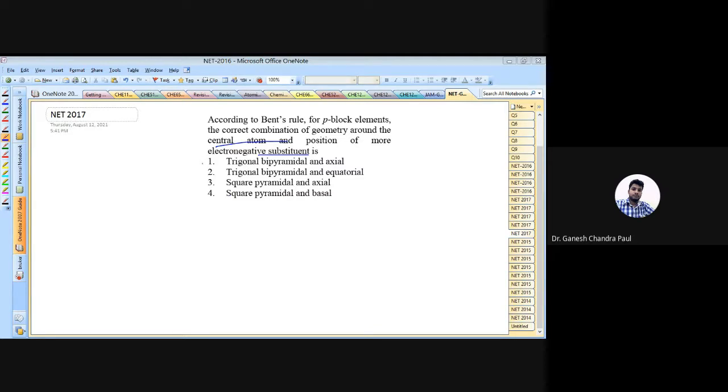Which option is the correct answer? It is trigonal bipyramidal and axial, because Bent's rule is only applicable for trigonal bipyramidal geometry, and the more electronegative elements may be present in the axial side of this geometry. That is what is called Bent's rule. So option A is the correct answer.